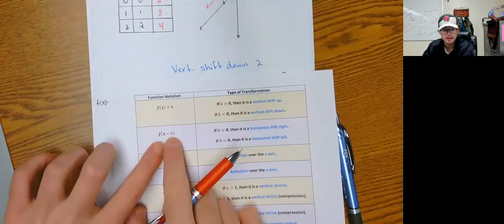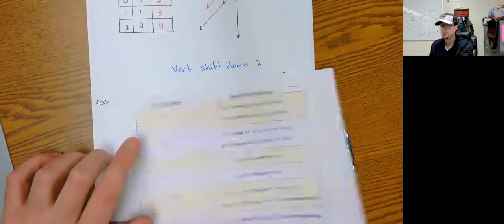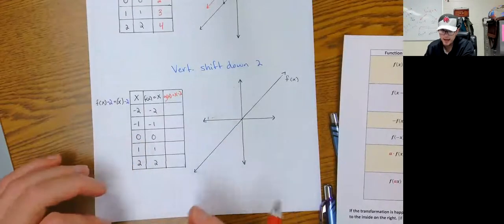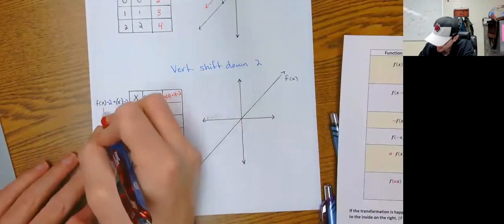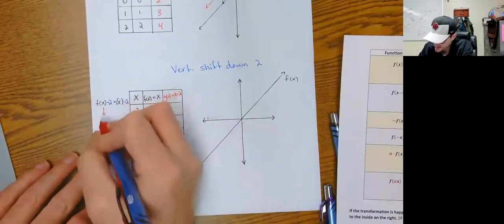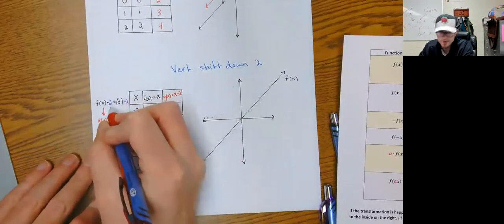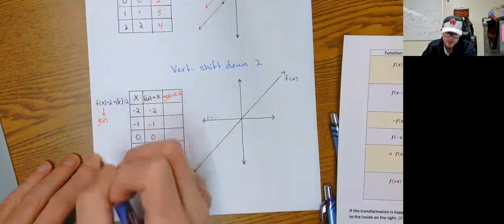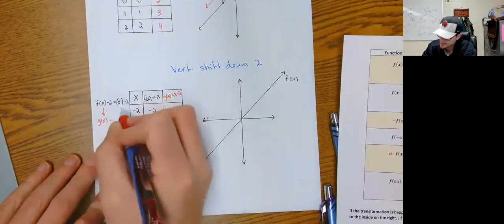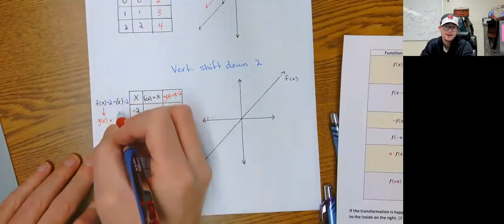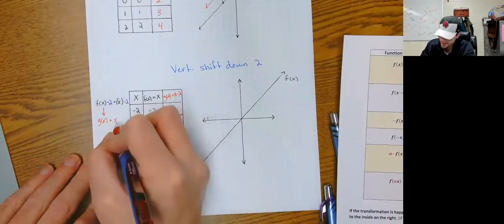When we do something to the inside, which you'll see in the next example, put parentheses around just the x. So this changes f of x to g of x, and that equals, well, again, are the parentheses really necessary in this? No, they are not. So we get x minus 2.